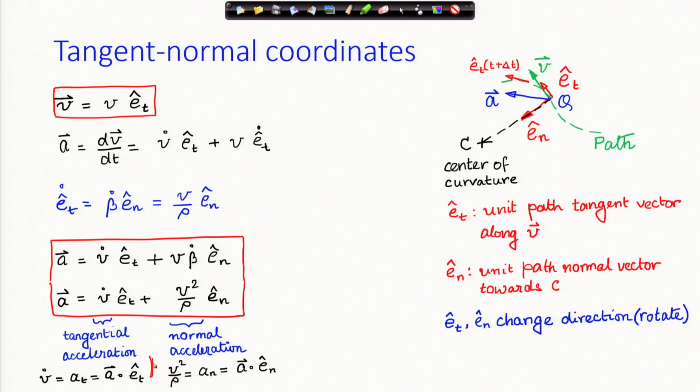If you dot product the acceleration vector with E_t cap, you get v dot, and if you take the dot product with E_n cap, you get the normal acceleration, normal to the path. So, acceleration tangential to the path and acceleration normal to the path we can find out from here, and we can also find out the radius of curvature. So, that is what we are going to look at next.